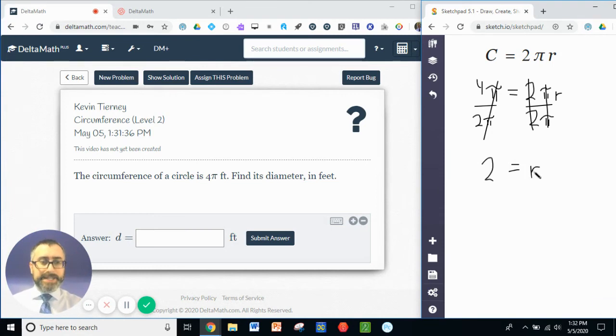Super, I have the radius, but I was looking for the diameter. Simple enough. I know how to find the diameter. I just double the radius. So my radius doubled is 4. Hang on. That's the original number, but without the pi.